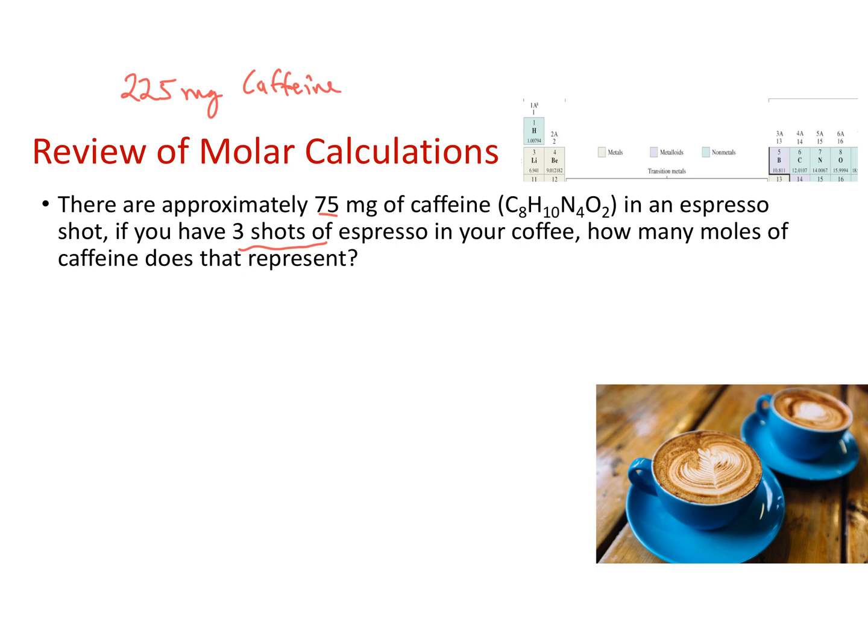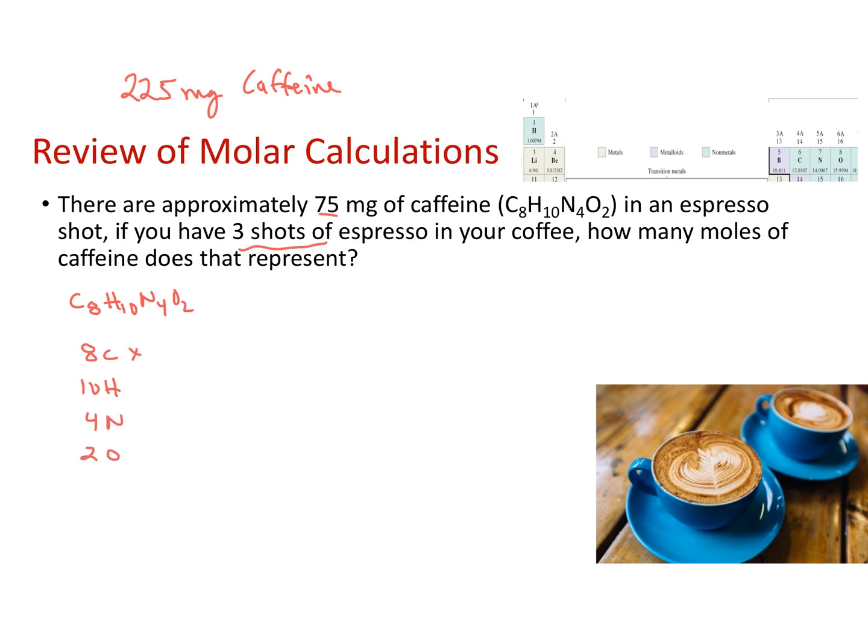Well, we have a little bit more work to do here because you need to know the molecular weight of caffeine. So to break this down, our caffeine is C8H10N4O2, which means I have 8 carbons, 10 hydrogens, 4 nitrogens, and 2 oxygens.